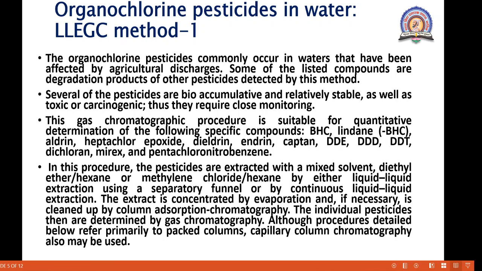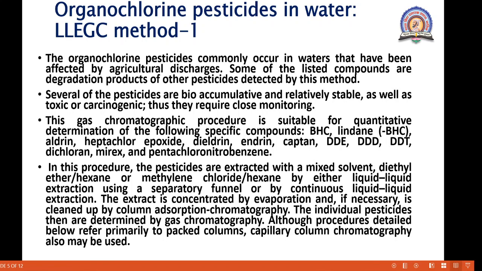Several of the pesticides are bioaccumulative and relatively stable as well as toxic or carcinogenic. Thus, they require close monitoring. This gas chromatographic procedure is suitable for quantitative determination of the following specific compounds. These are the pesticides that can be quantitatively determined by using this method.